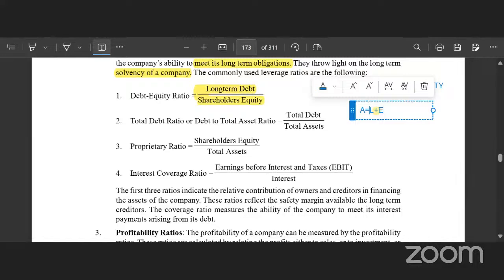This is the accounting equation. Assets is equal to liabilities plus shareholders equity. So in a debt equity ratio, you're taking only long-term debt to shareholders equity.